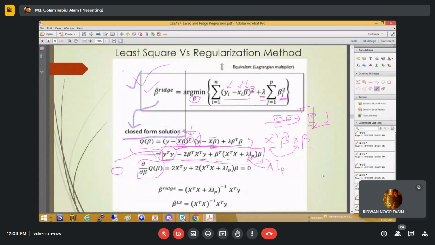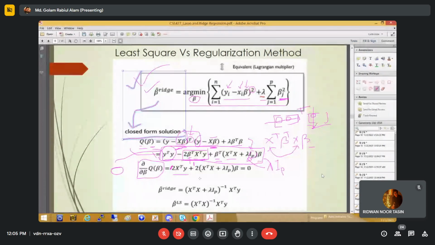And here we have β transpose X transpose y, where β is just one β. So this β will be 1. From here we will get 2 X transpose y. The negative sign is there, we must put the negative sign.